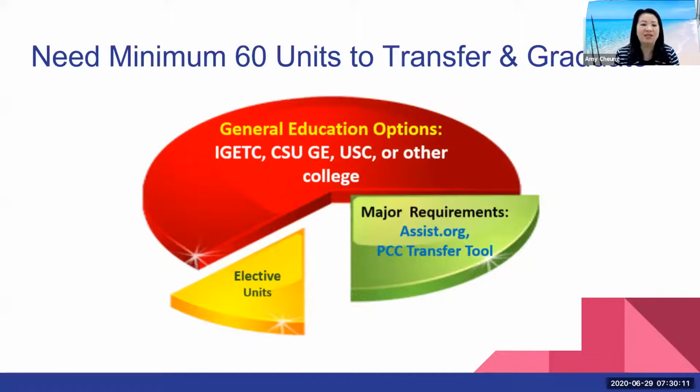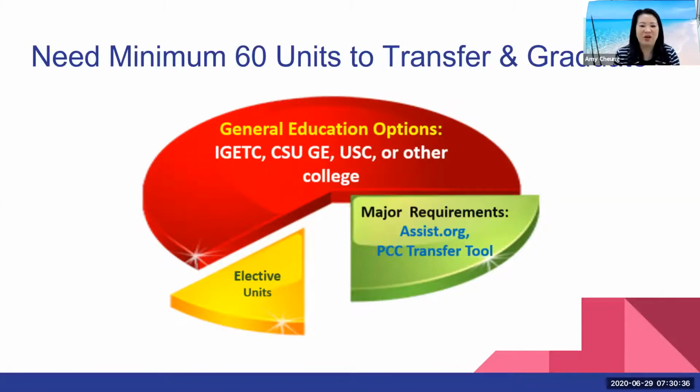In that case, you're going to take electives. Electives are basically free units of your choice to add up to 60 units. So you have some freedom there to take some fun classes that you might enjoy just to add up to 60 units.